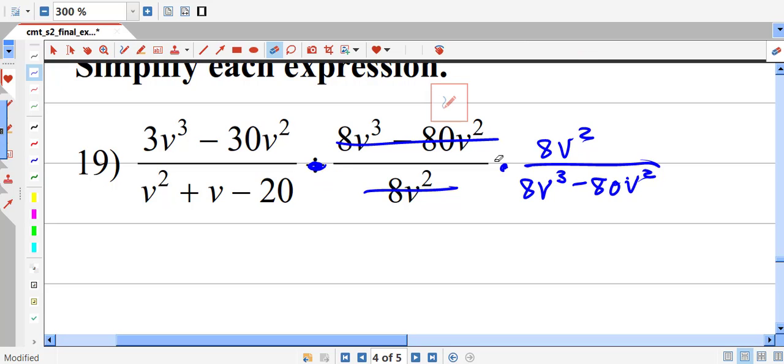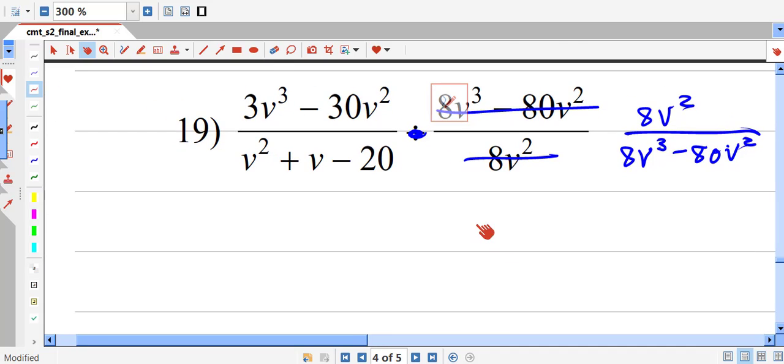The next step is always just to factor everything. I want to try GCF factoring first. Up here I can factor out 3v. No, I'm sorry, I can factor out 3v squared. That gives me v minus 10.